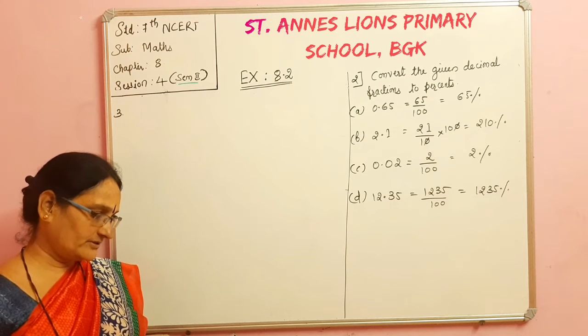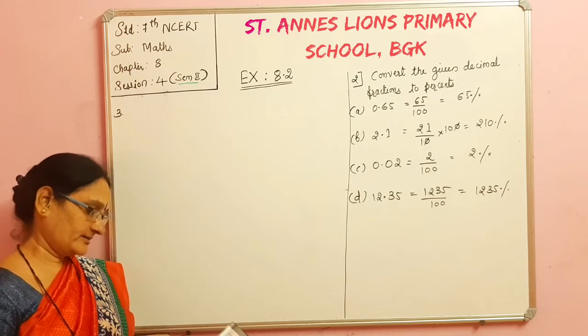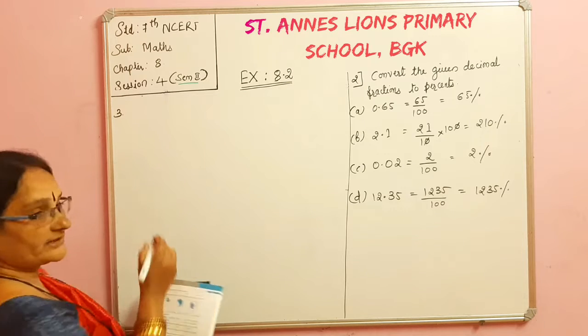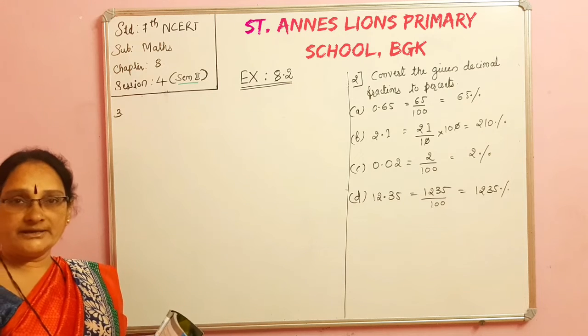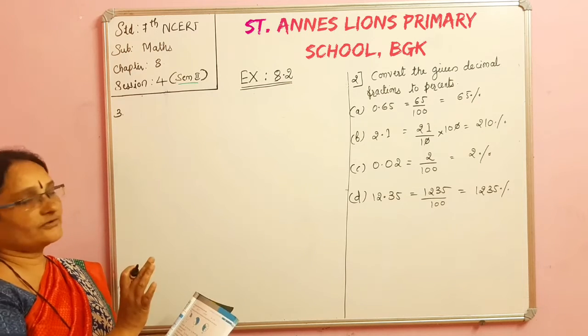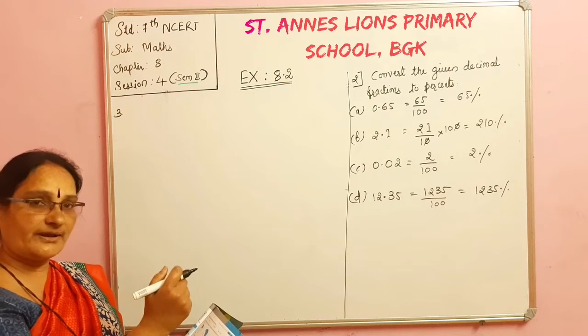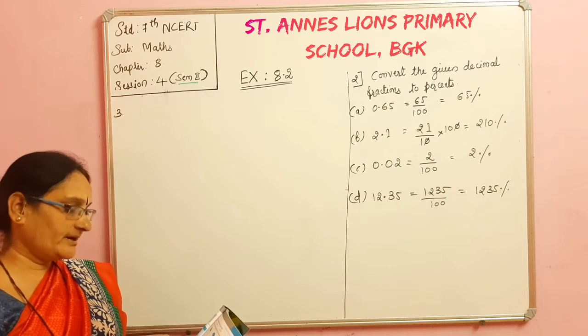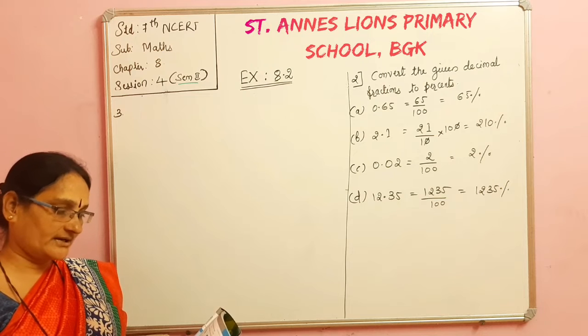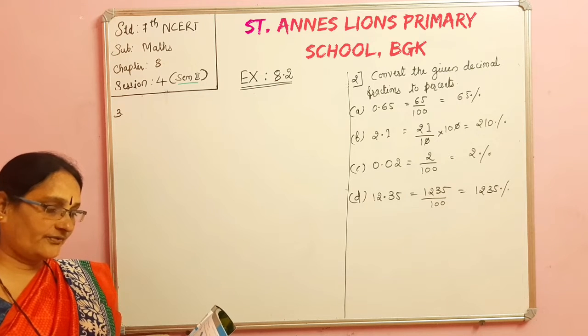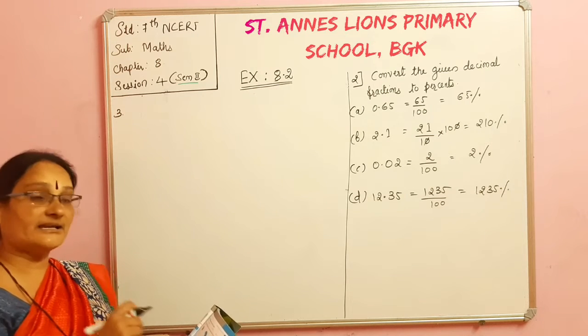Find the percent which is colored. I will draw the figure and write the fraction for that, and that fraction will be converted into percents. Estimate what part of the figure is colored and hence find the percent which is colored.